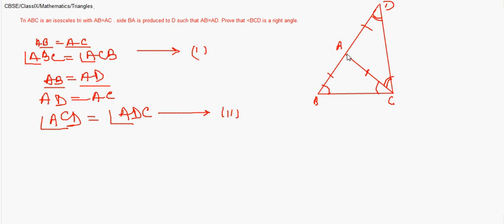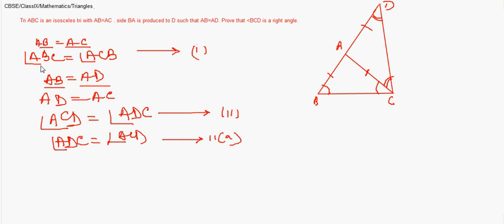Angle ABC plus angle ADC. Now this can be written differently. I can write it as angle ADC is also equal to angle ACD. Now I make this 2A.